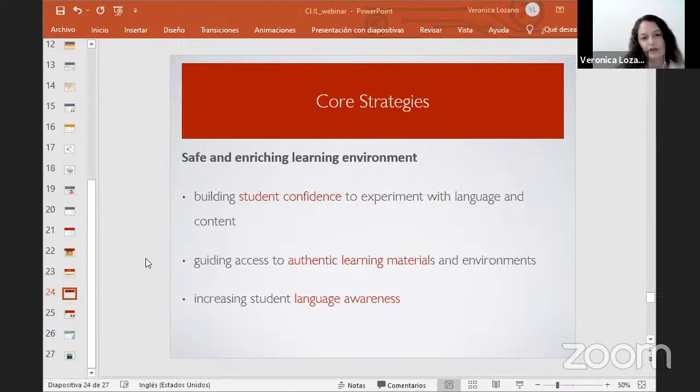Then increasing student language awareness. This is just what we discussed earlier in the language section of this presentation. Remember that we want to help them look at the words, what kind of words they are, and we want them to look at the structures, what structures would they need to talk about history, to talk about civics, to talk about economics, right? That is creating language awareness.